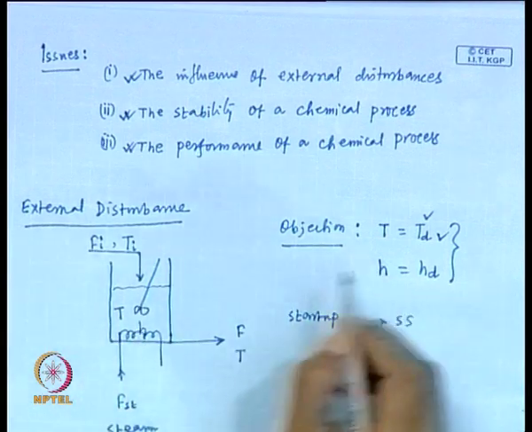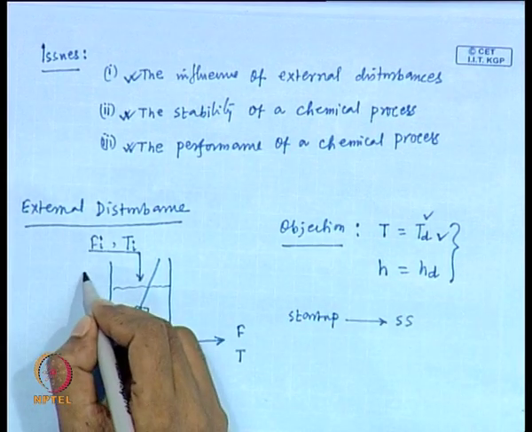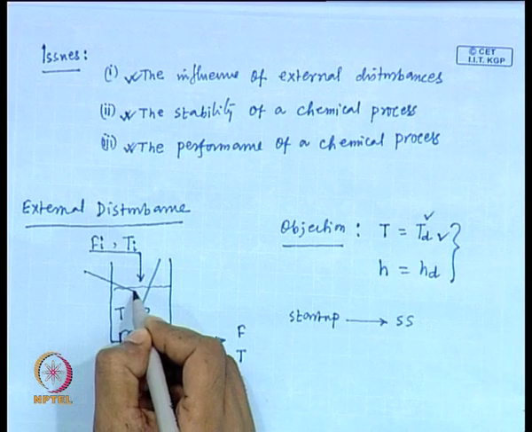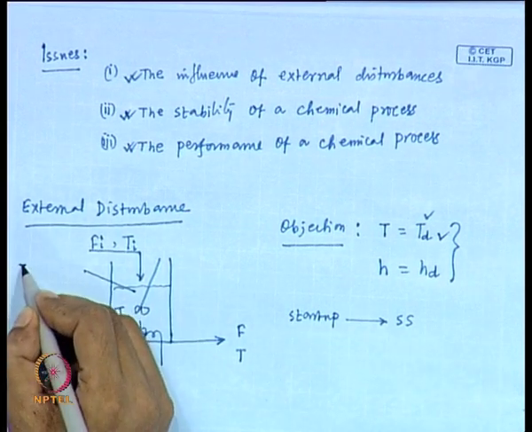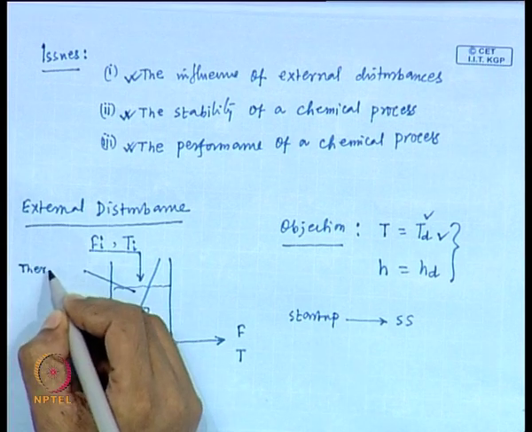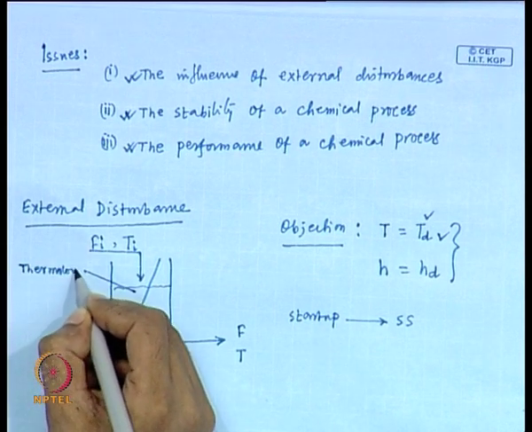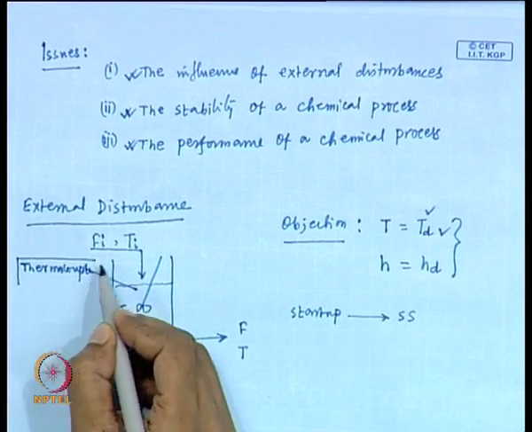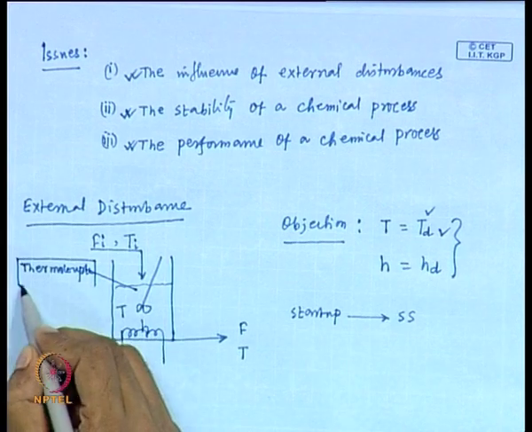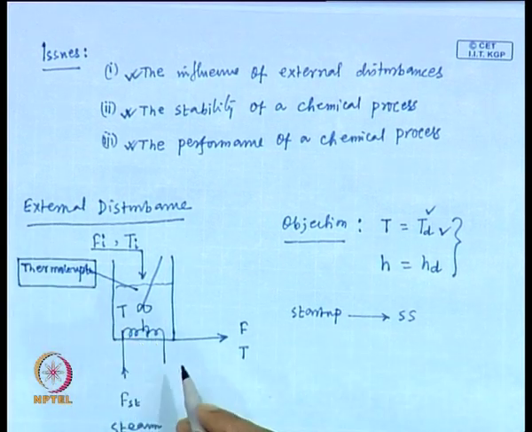First of all, we have to measure the temperature of this liquid stream. We can measure the temperature using one thermocouple. So, this is a thermocouple employing which we can measure the temperature of this liquid.